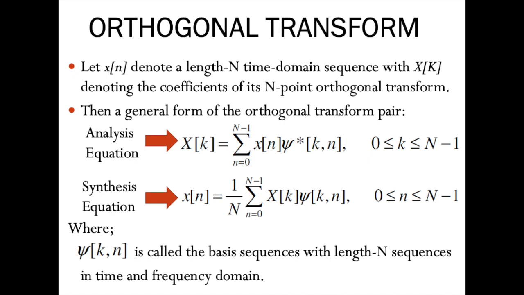Okay, where if you look at this equation, we have the sigma kn. Sigma kn is called the basis sequence with length n sequences in time and frequency domain.